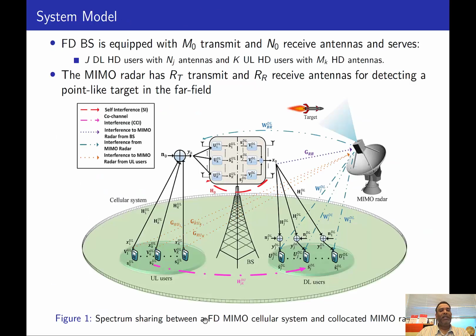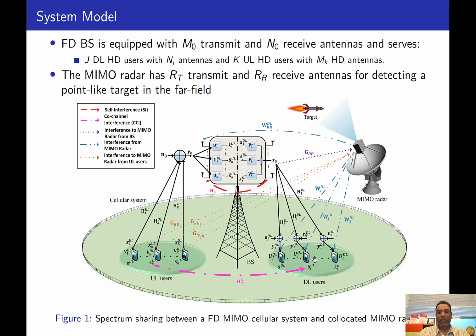Okay, so this is the system model that we have studied in this work. Here is the cellular system, which is a single cell cellular system. This one is the base station equipped with M transmit antennas, and there are N receiving antennas, serving J downlink users.